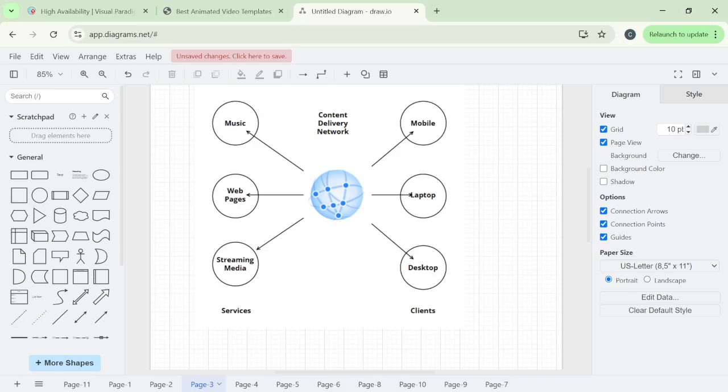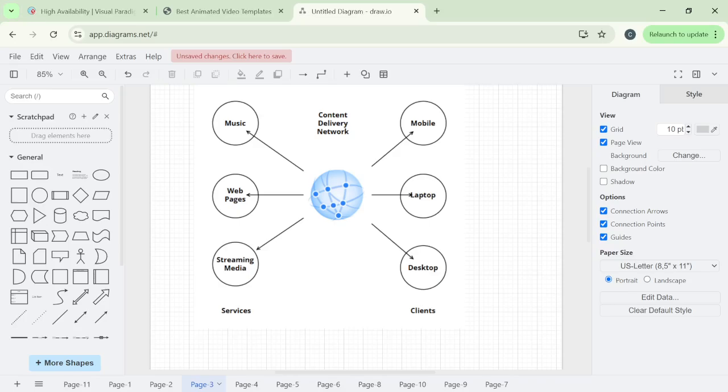So when someone visits your site, instead of pulling everything from your central server, their request is routed to the nearest CDN node. This means faster load times, lower latency, and a more reliable experience no matter where the user is located.